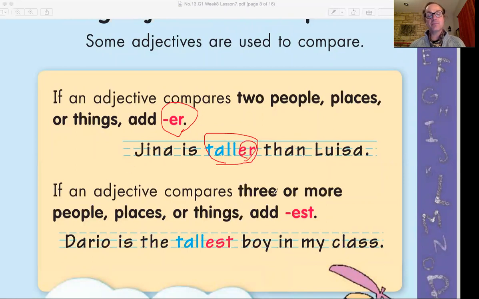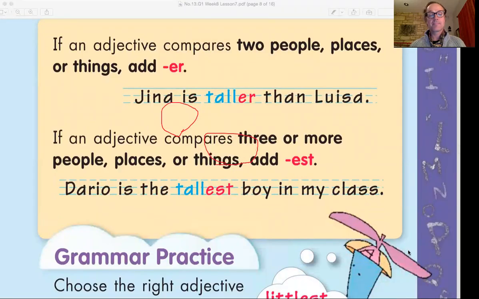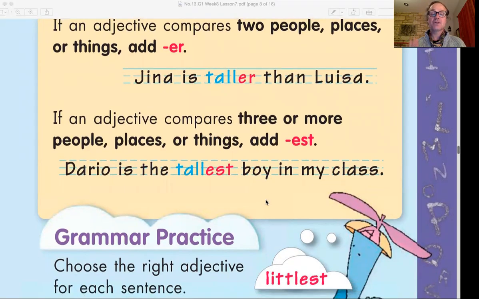If an adjective compares 3 or more people, places, or things, add est. So let's see what that's like. Dario is the tallest boy in my class. The tallest. If it's just 2, you say taller. If there are more, like in a whole class, the tallest. EST.